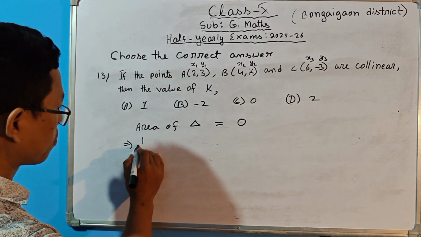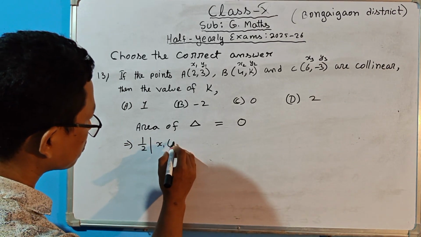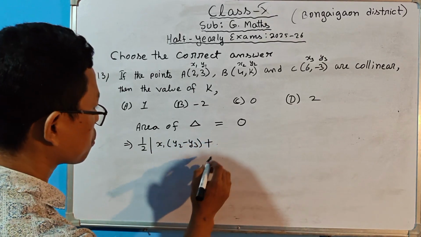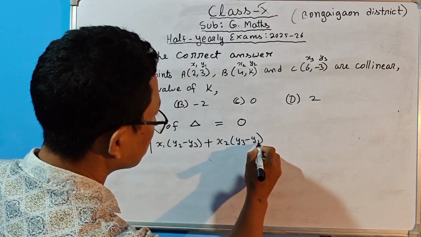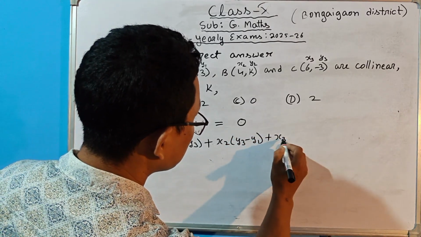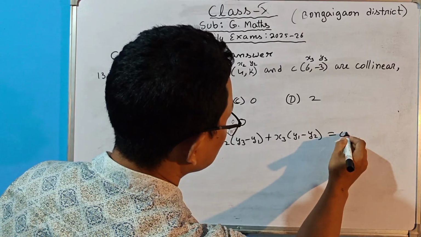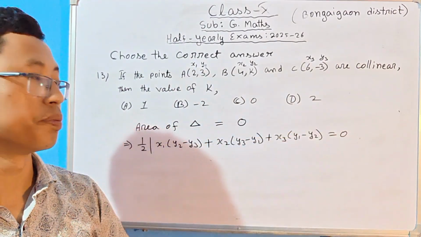We have 1 by 2 times x1 (y2 minus y3) plus x2 (y3 minus y1) plus x3 (y1 minus y2) equal to 0. The area of triangle formula equals 0.